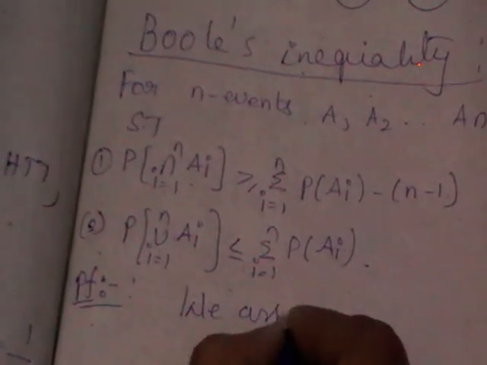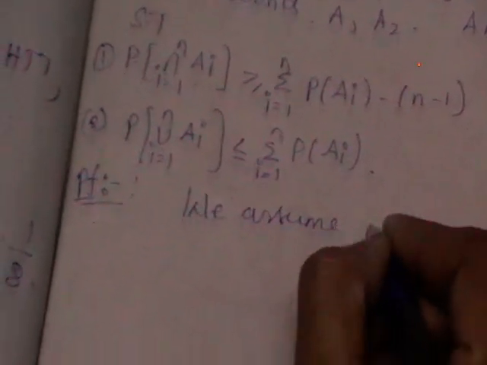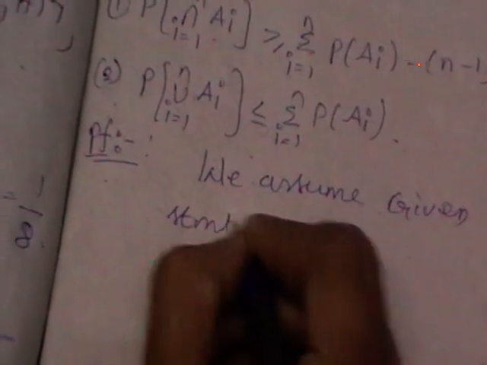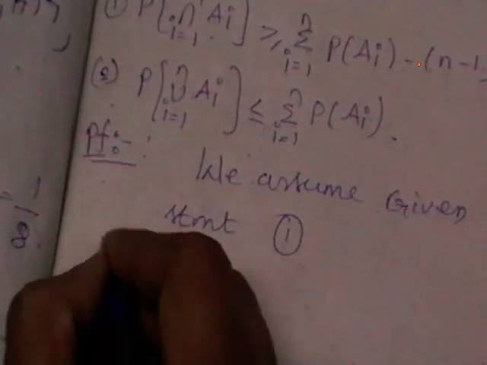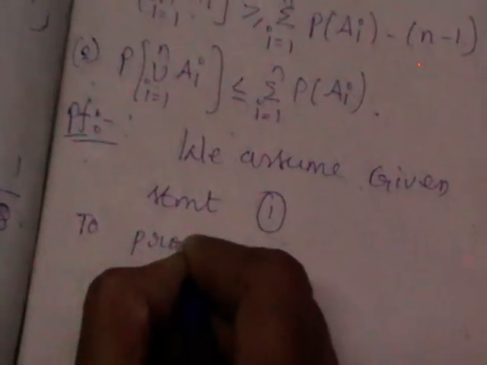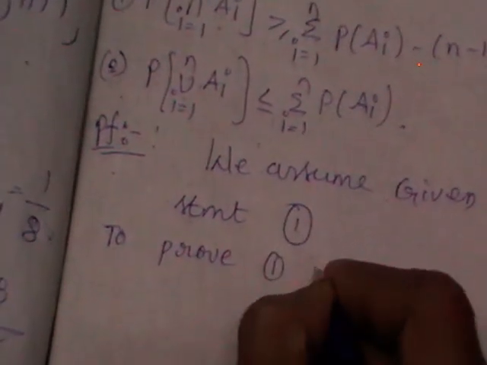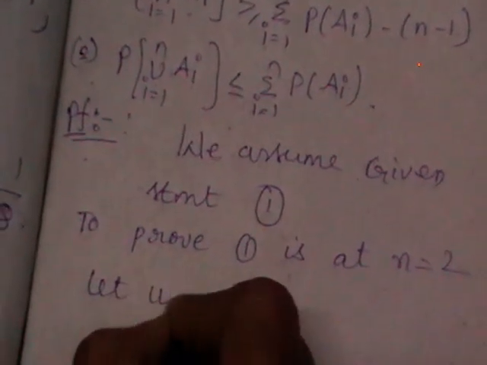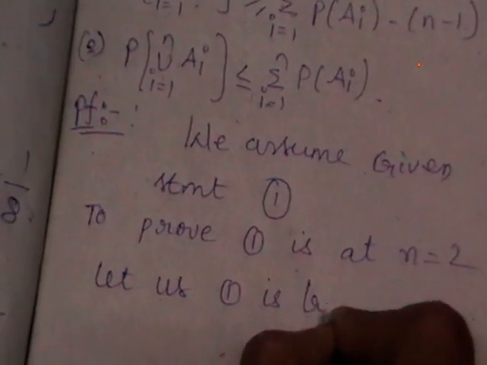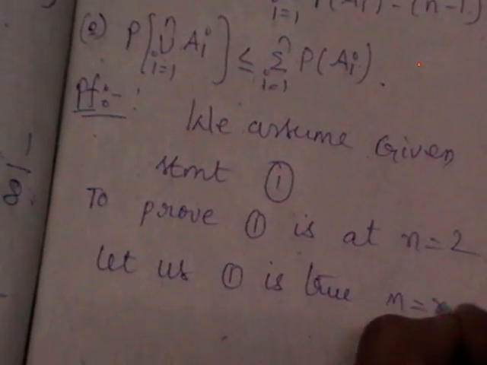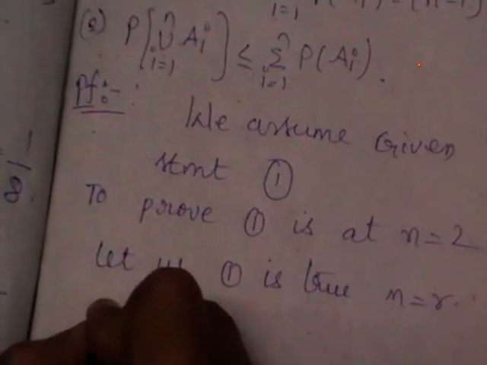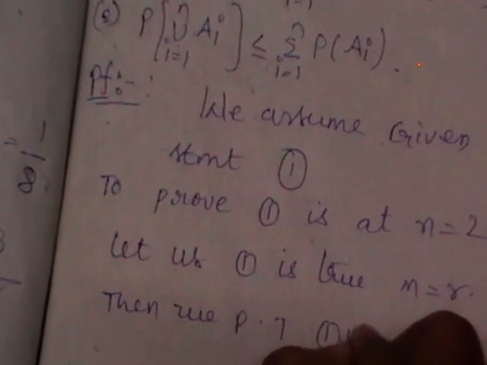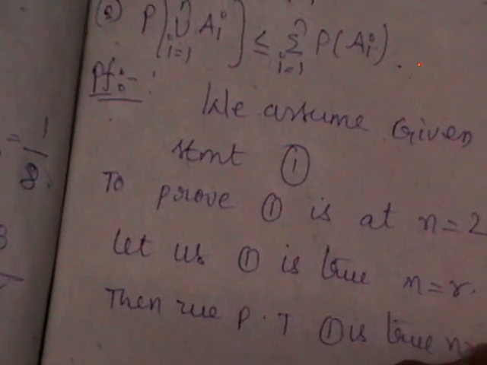This is the skeleton I am explaining. We assume the given statement as equation number 1. In the first step, we prove that 1 is true at n equal to 2, and we assume that it is true at n equal to r, and then we prove that 1 is true at n equal to r plus 1.